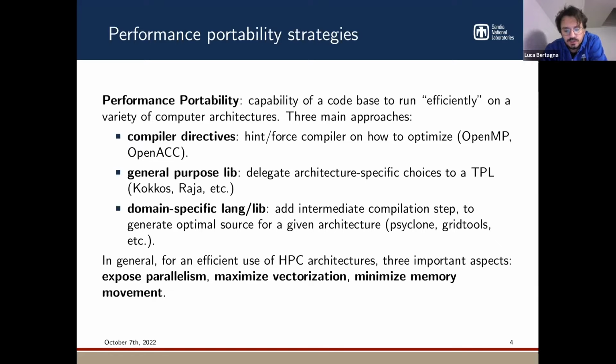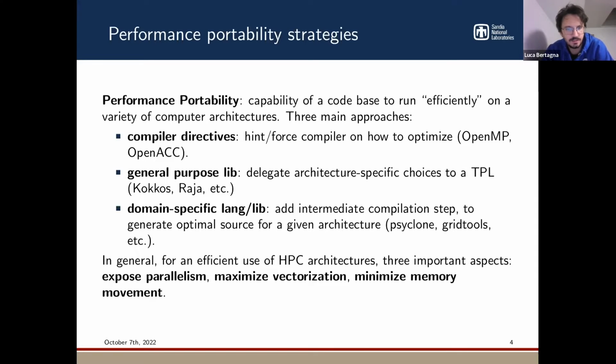The second approach is to use general purpose libraries. You delegate everything that has to do with architecture-specific and threading-model-specific choices to a third-party library. Kokkos, RAJA, HPX, and Alpaka are all examples of this kind of library. And then, as we heard already a few times in this workshop, there are domain-specific languages and libraries.